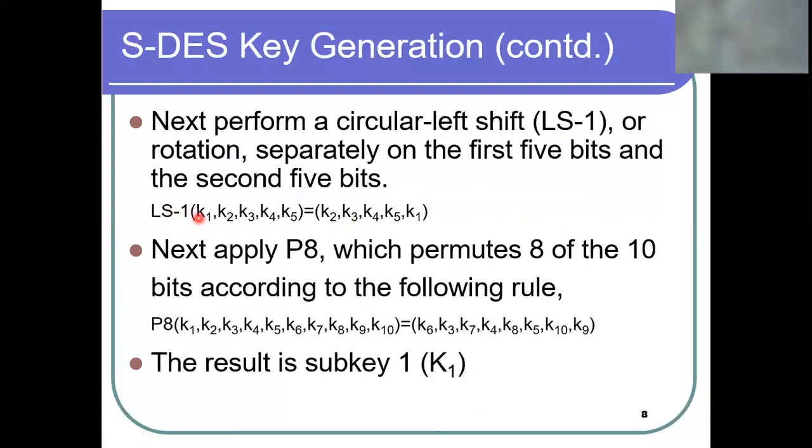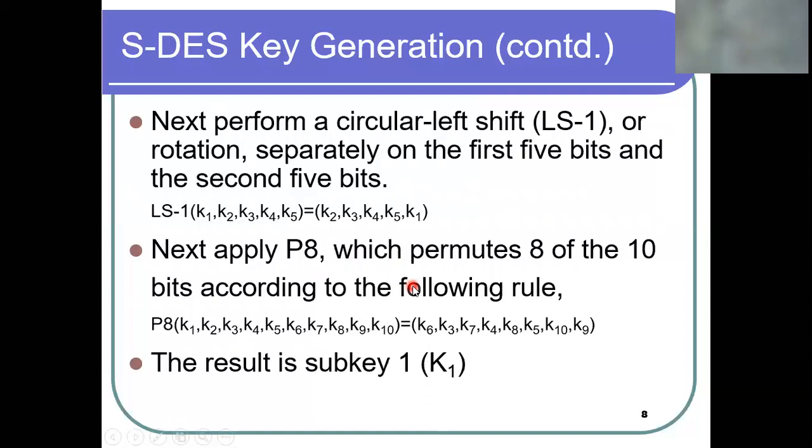It means I have just transmitted this k2 to the last one and changed the positions. The second will be placed to first, third will be placed to second, fourth will be placed to third, and fifth will be placed to fourth, and the first one is placed from first to fifth position, like this way.